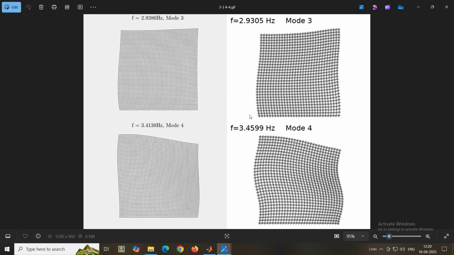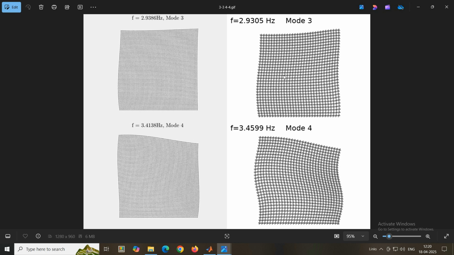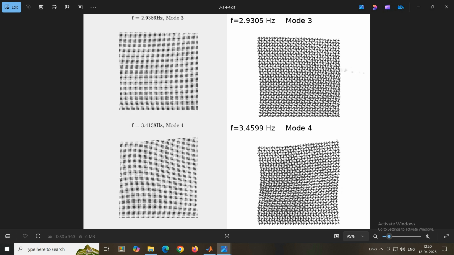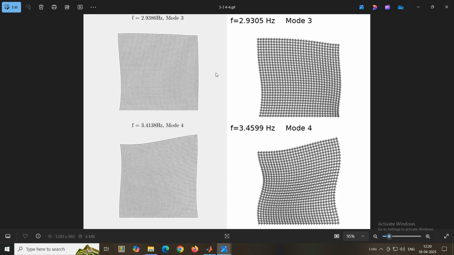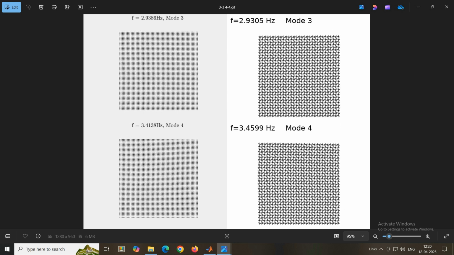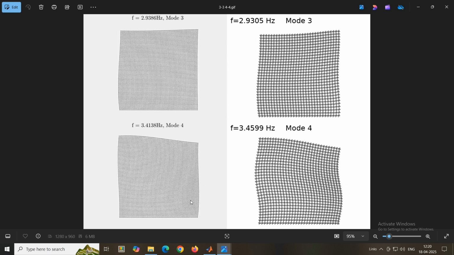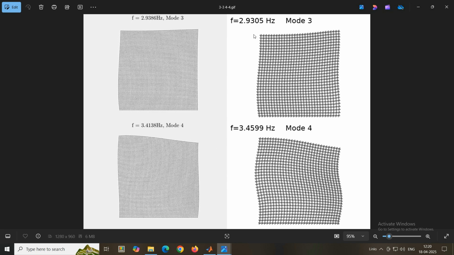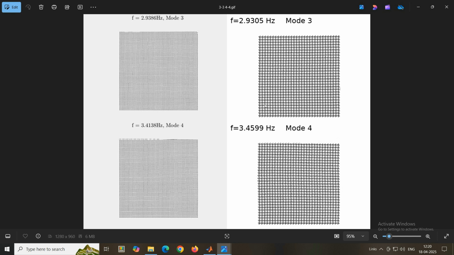For example, here, this and this are not so pronounced in the MATLAB results. Similarly, this variation and this variation are not so close, although the natural frequencies are still quite close.